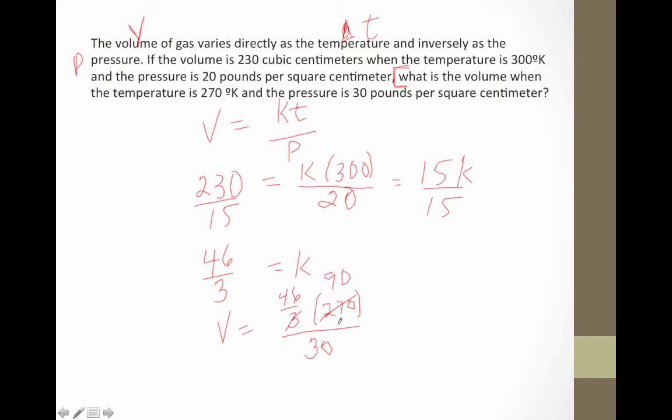So we can clean that up right away. 90 over 30 is 3. So we really have 3 times 46. So that's 138. And the question was, what is the volume? And volume was given in cubic centimeters. So it should still be in cubic centimeters because all the other units matched.